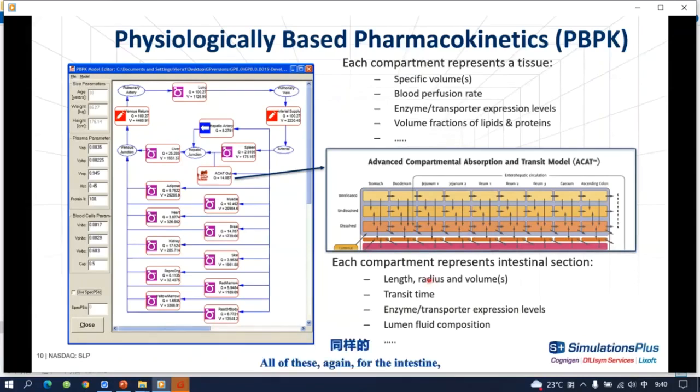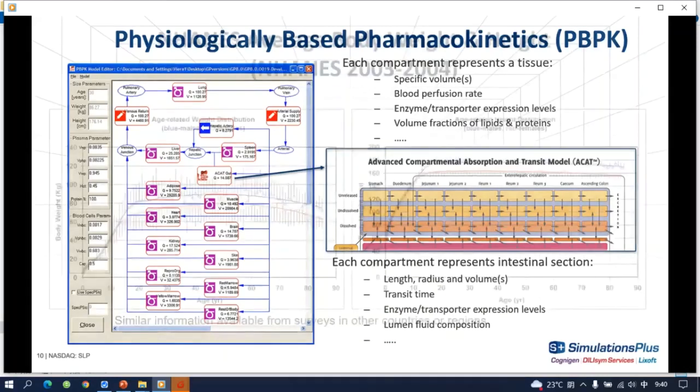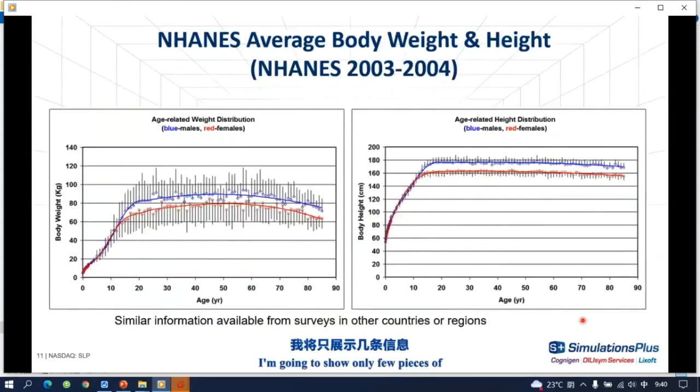So all of these, again, for the intestine specifically, need to be accounted for the same way as for all of the other tissues in the body. I'm going to show only a few pieces of information just to give you an idea about what kind of information we've used to actually characterize or parameterize those physiologies within GastroPlus.